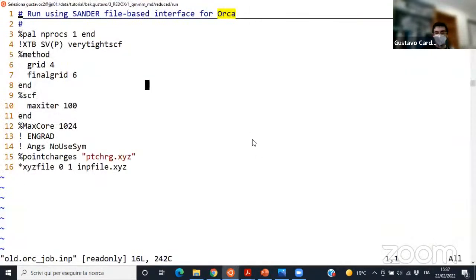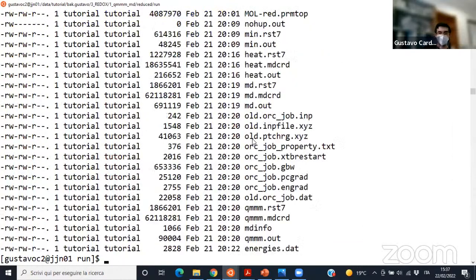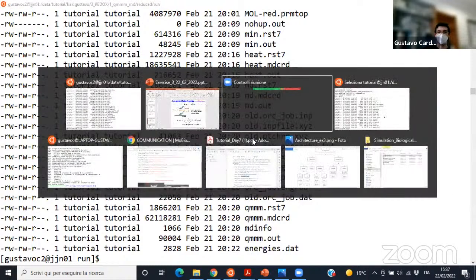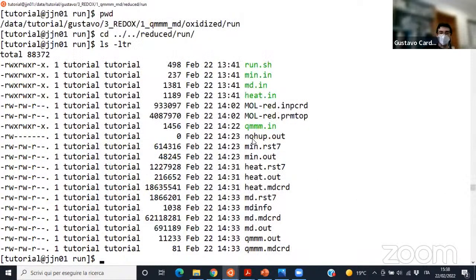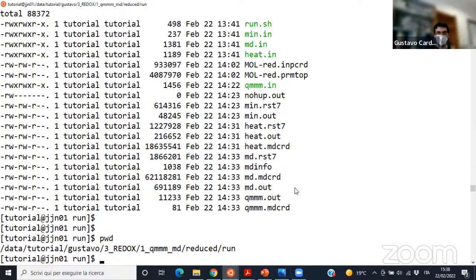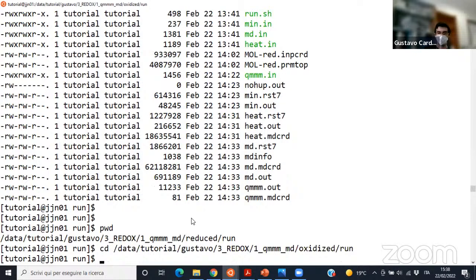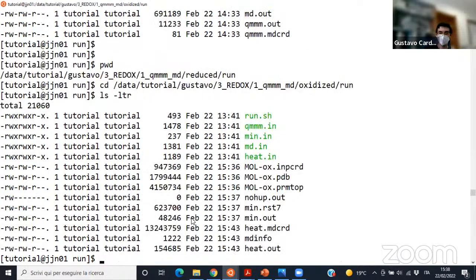What else? Let's see. Sorry, of course, I'm in a different place now. So let's see how we are doing here. Okay, so this is the reduced. I'm going to go back to the oxidized folder just to see how the simulation is doing. Okay, great. It's still doing the heating.